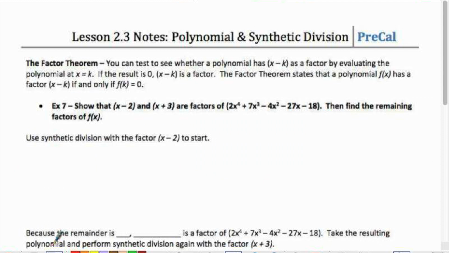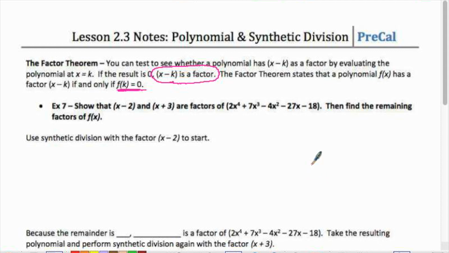To go along with that idea, if you are evaluating a term with synthetic division and your remainder is 0, well, that means that it went into the polynomial evenly. There was no remainder, okay? What that tells me is that what you were dividing by is a factor, okay?